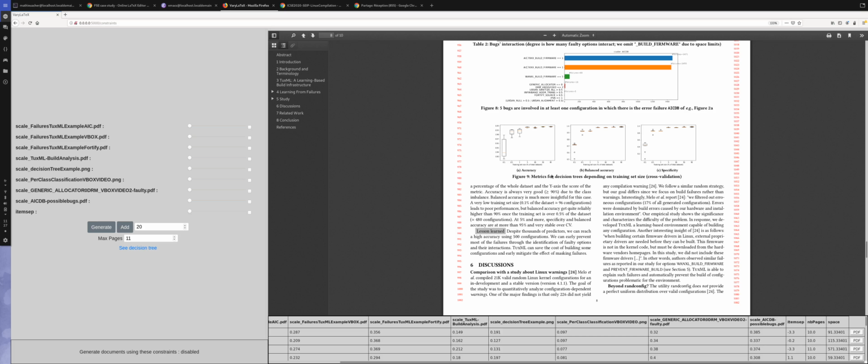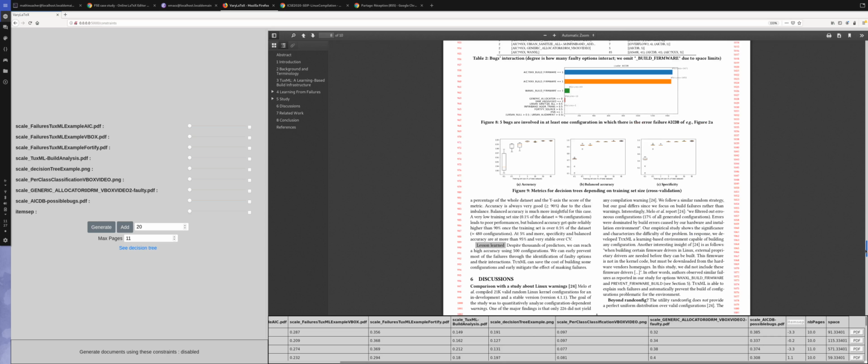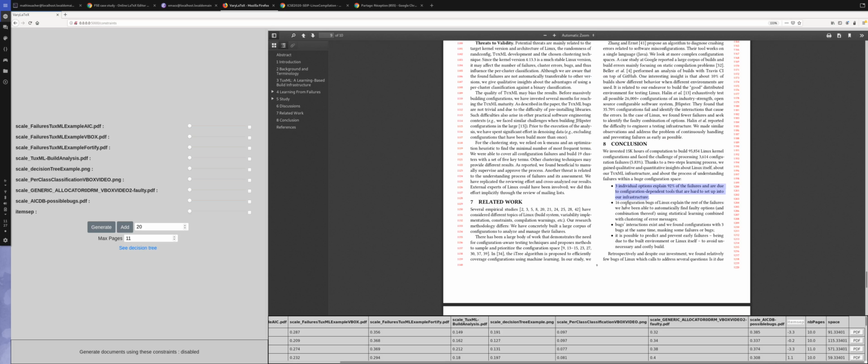In this document there are many figures, and the other thing VaryLaTeX does is set for you the item separator, which customizes the spaces between the different items of an itemize.